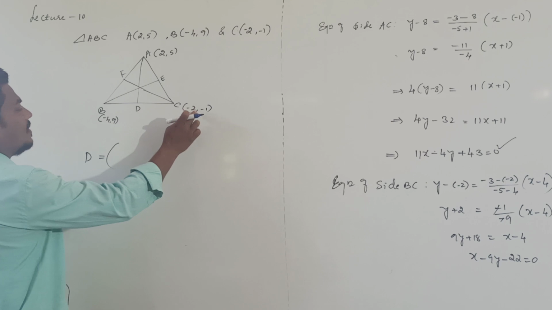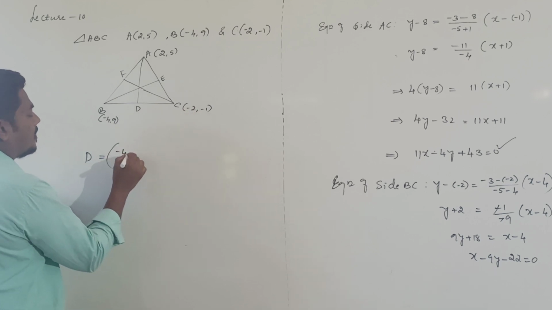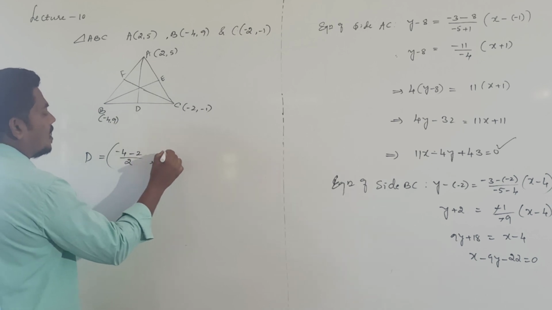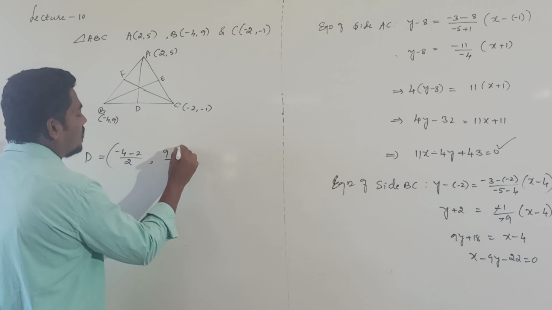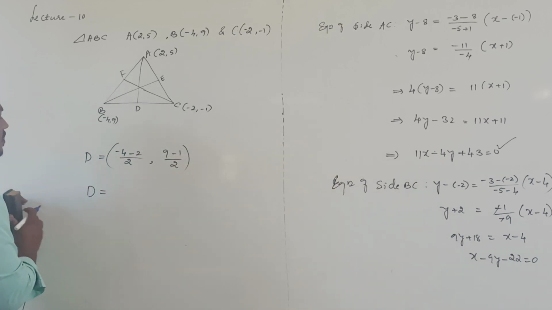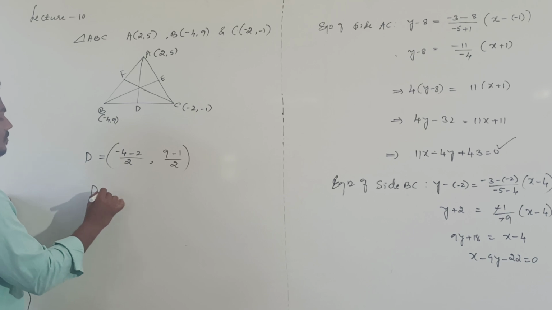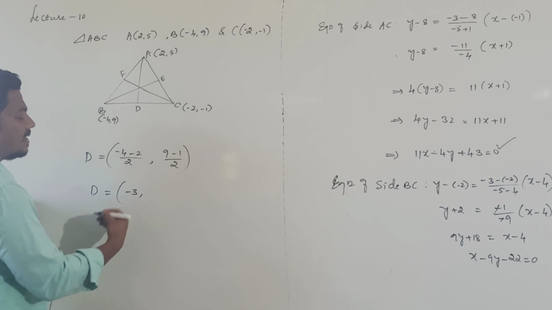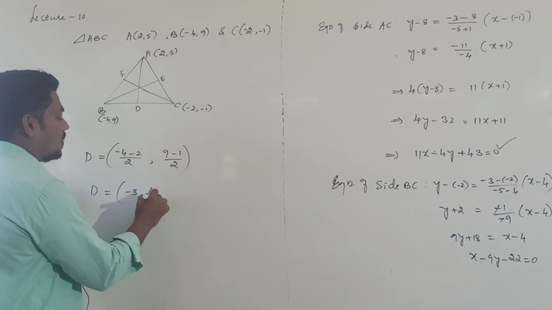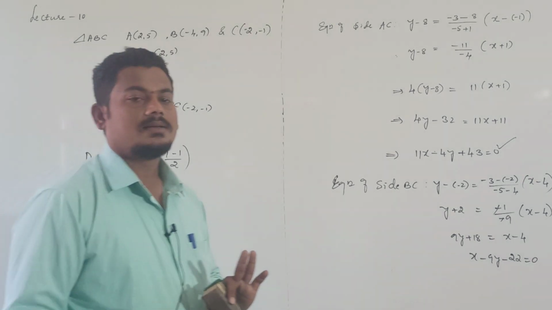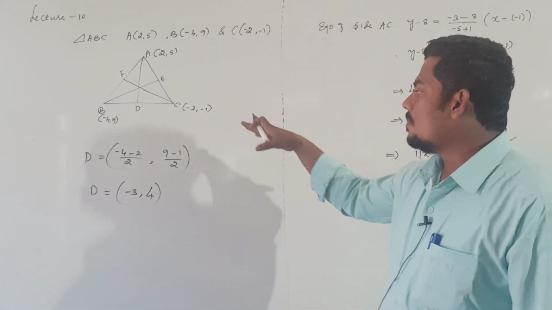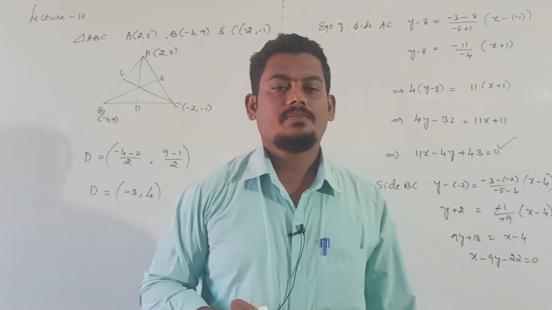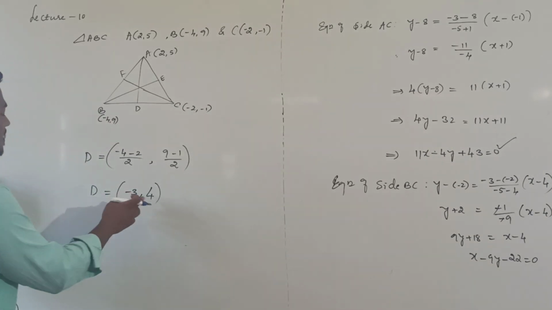D coordinates: x1 plus x2 divided by 2, y1 plus y2 divided by 2, that is (-4 - 2) divided by 2, (9 - 1) divided by 2. Therefore D equals -6 divided by 2, that is -3, and 8 divided by 2, that is 4, right? Now you get coordinates of D by using the midpoint formula. Why? Because AD is median only when D is midpoint of BC. So D coordinates (-3, 4).